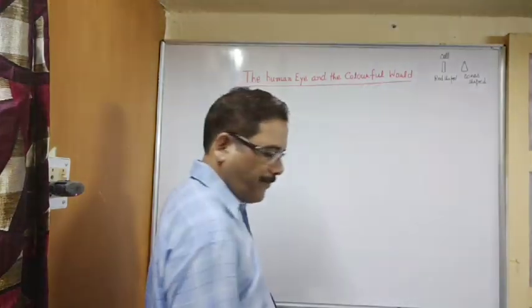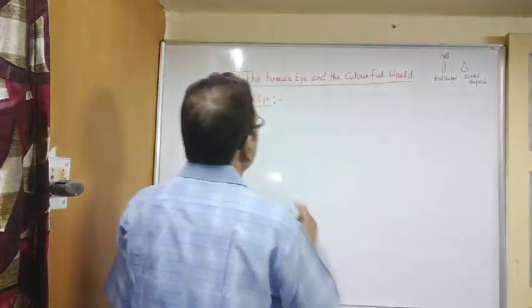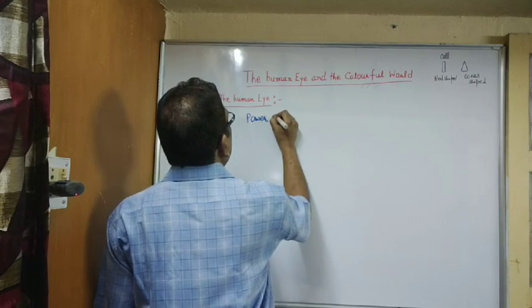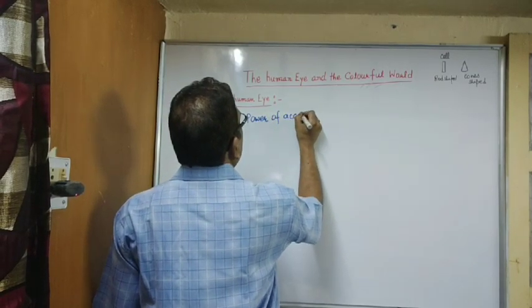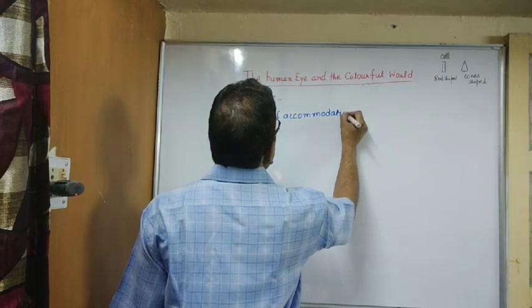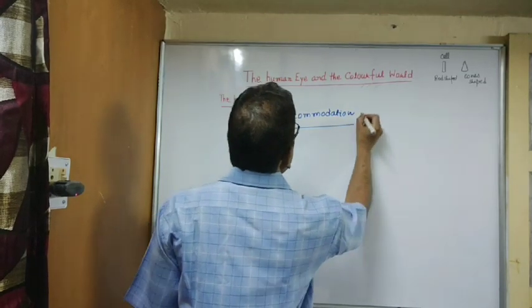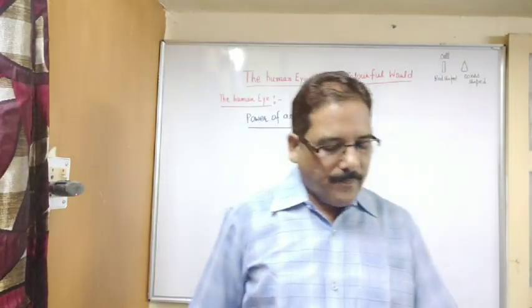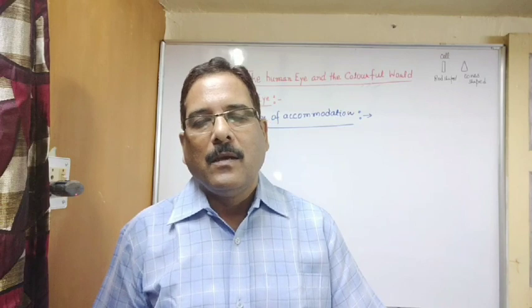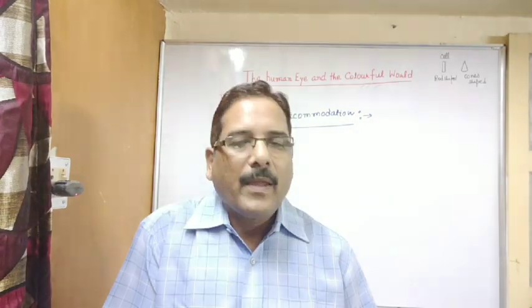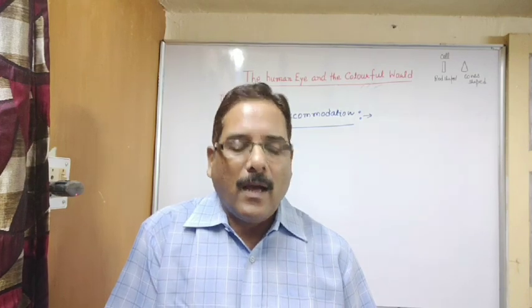So the first term, power of accommodation. Power of accommodation means the ability of the eye lens to see nearby objects as well as far off objects by changing the focal length of the eye lens is known as power of accommodation.